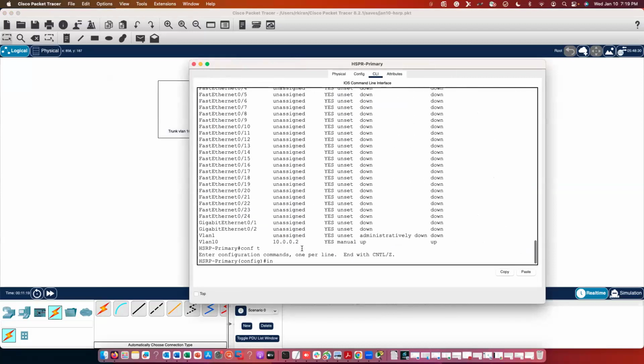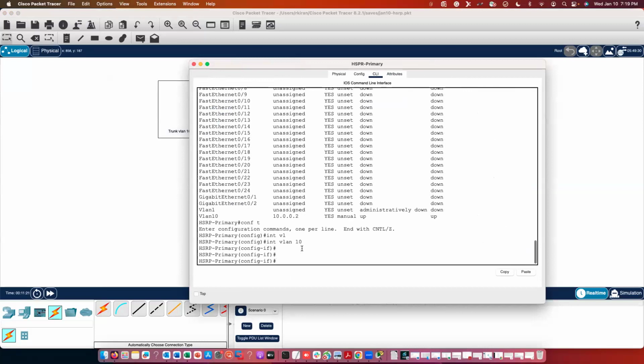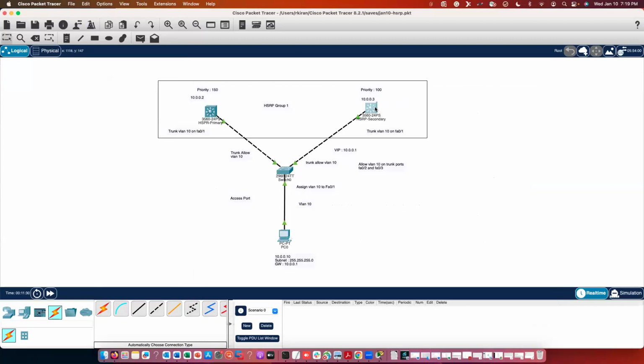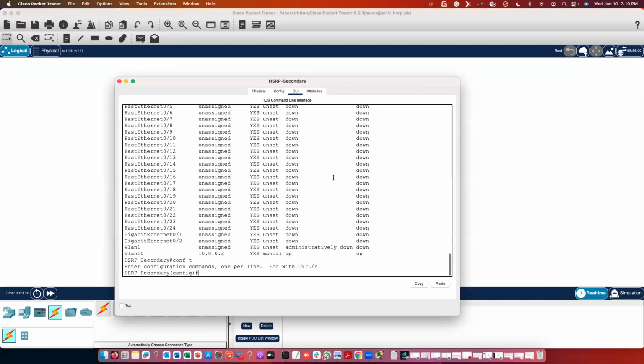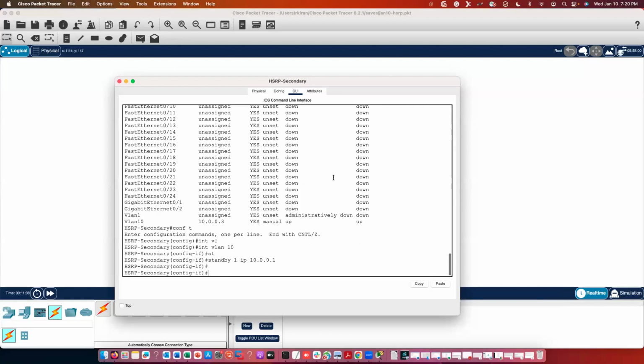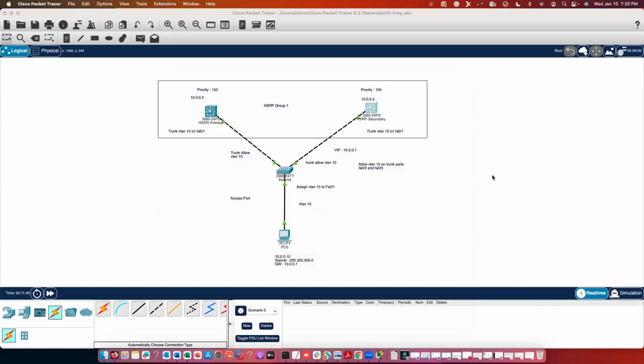Okay, so now we have to configure the actual HSRP IP. So config terminal, interface VLAN 10, standby, and the group number is 1. You can do IP 10.0.0.1. That is the virtual IP. Here also interface VLAN 10, standby 1 IP 10.0.0.1. Okay, and now we have to define the priorities.